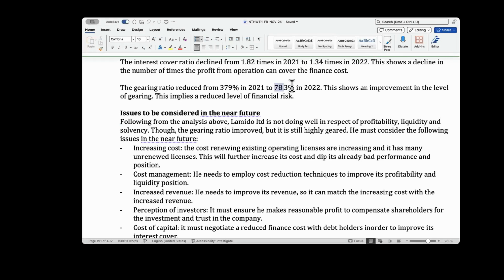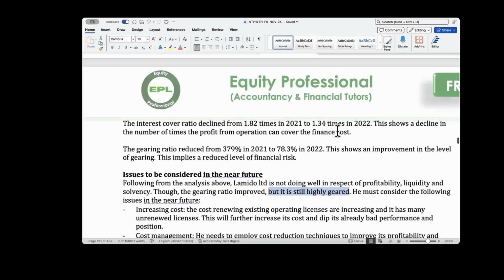So this 78.3, this 78.3%, right? Even though, yes, its gearing level declined, reduced from 379 to 78.3, it's good. I told them it's an improvement, but the company is still highly geared, because let me look at the formula we used.